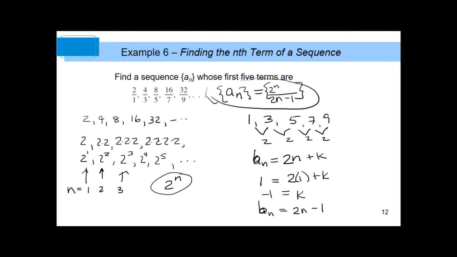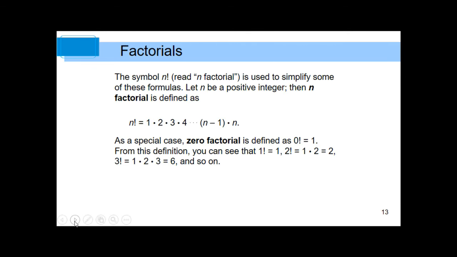Okay, so the next thing we're going to do is talk about factorials.